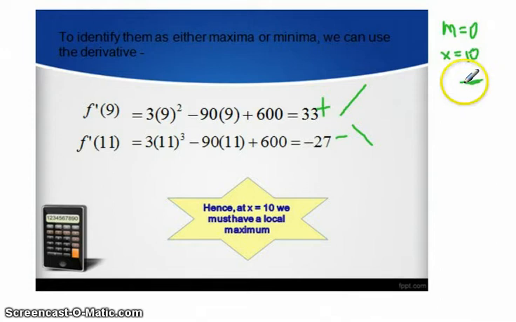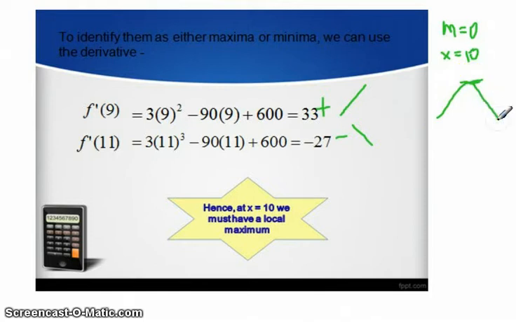When the value of x is less than 10, at 9, the function is increasing, so it should be like this. When you get to 10, it levels off, and then when you use 11 over here, it starts to decrease.